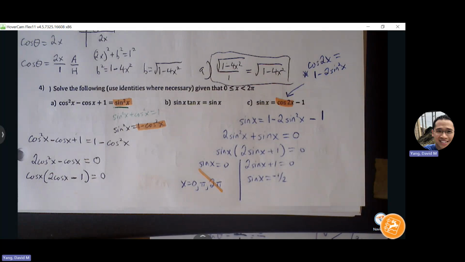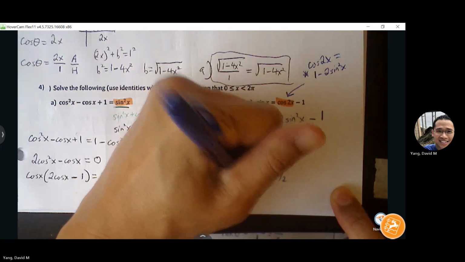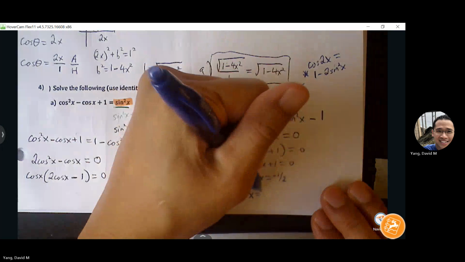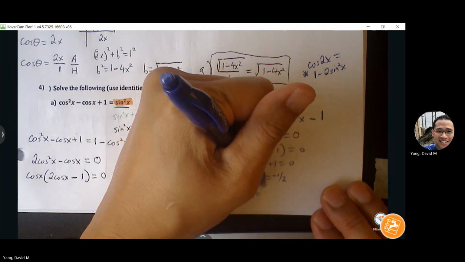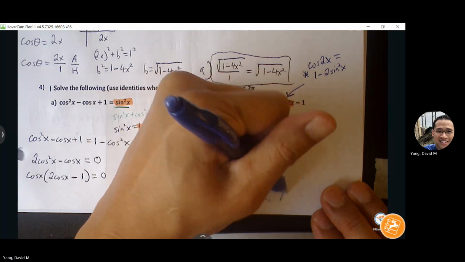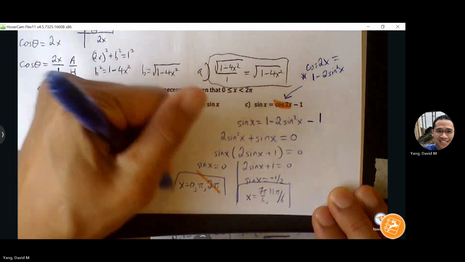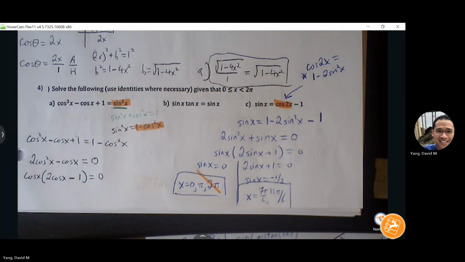Where's sine equal to negative 1/2? That's going to be in that pi over 6 family. Sine is negative in the 3rd and 4th quadrant. So again, 4 solutions.